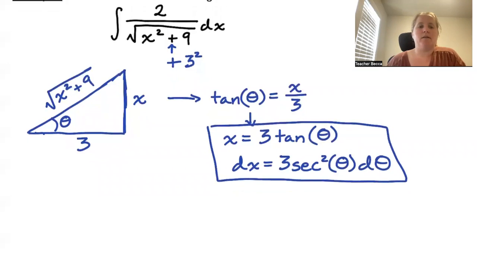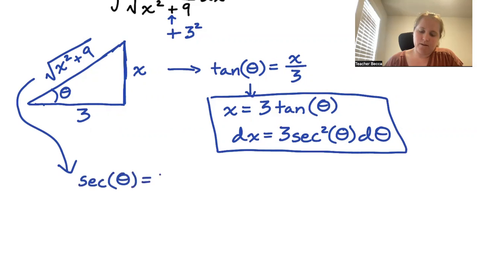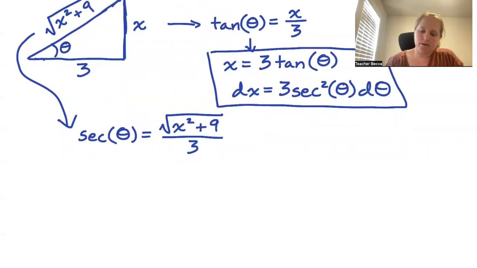We also have our other relationship involving the square root and the 3. We have that secant of theta is the square root of x squared plus 9 over 3, or the square root of x squared plus 9 is equal to 3 secant theta.